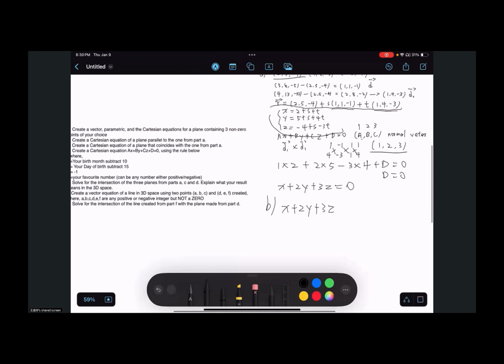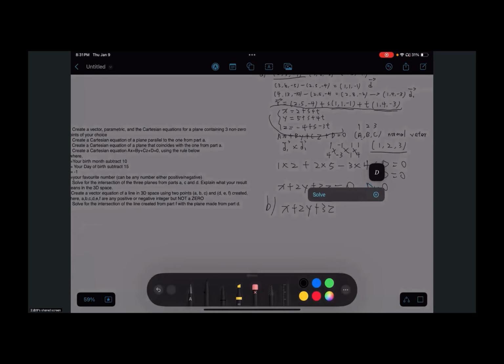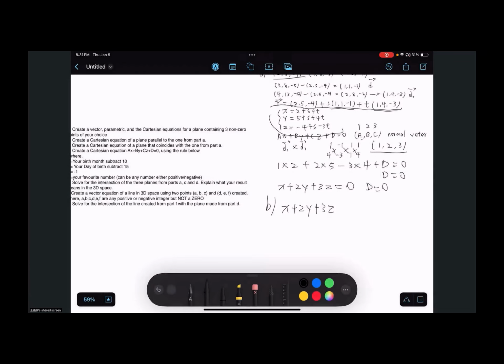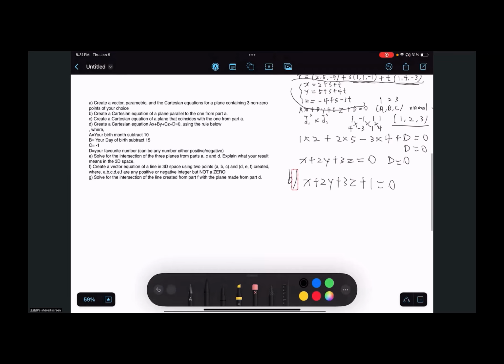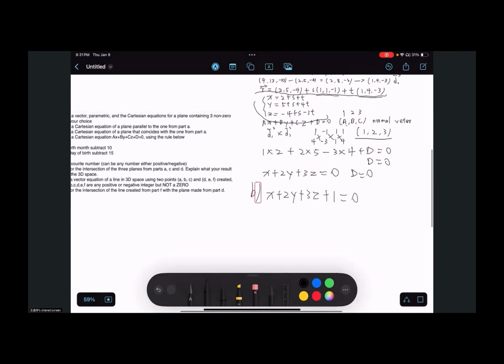In A, D equals 0. So let's just use D equals 1 in this part. So we got the Cartesian equation x plus 2y plus 3z plus 1 equals 0. It's the answer for part B.